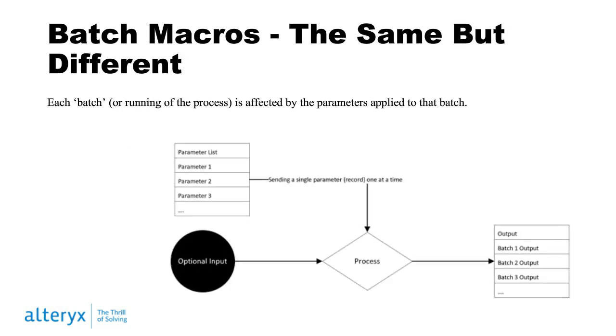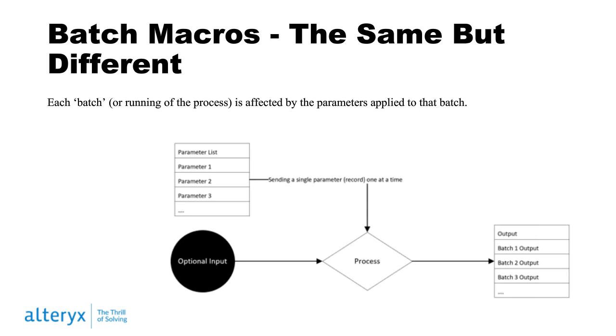So the same but different. It's the same as an iterative macro in that it'll run through a process multiple times. But it's different in that it doesn't work on a loop and it doesn't depend on the results from the previous run. If we take a look at this little diagram that we've got set up, in our black dot, we've got an input.